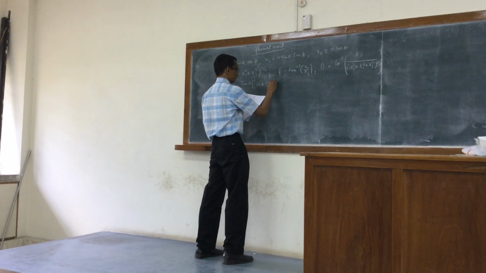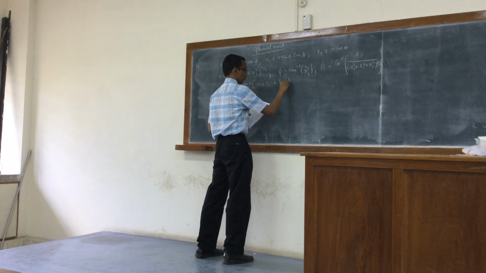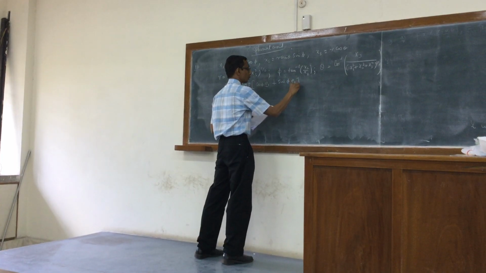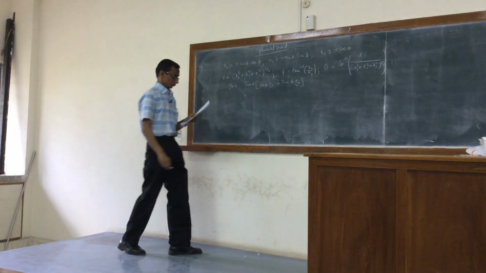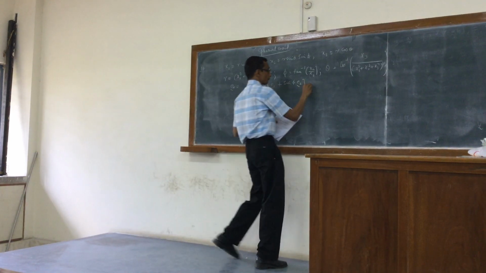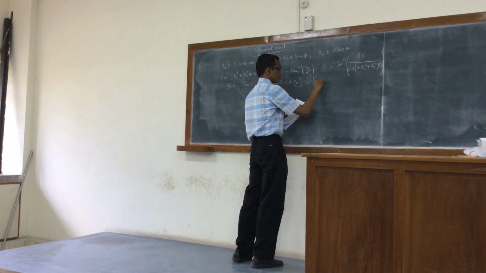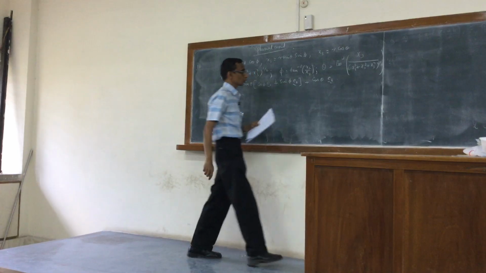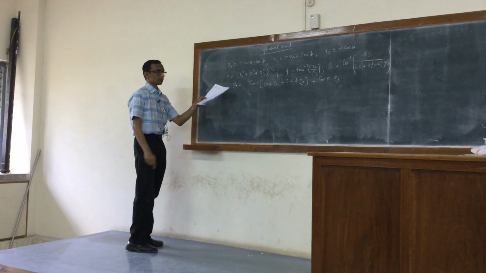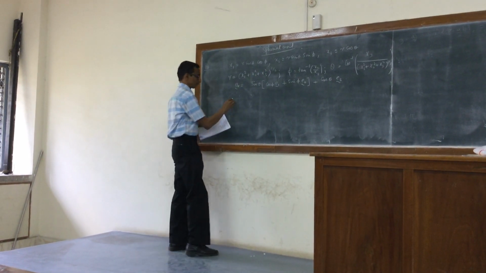E_r is given in terms of the rectangular Cartesian coordinate unit vectors like this. We've already derived this.